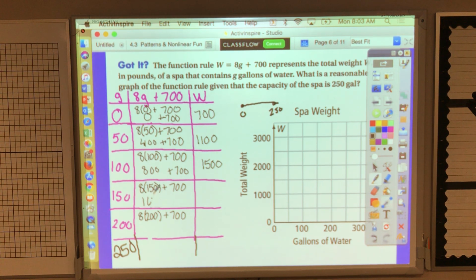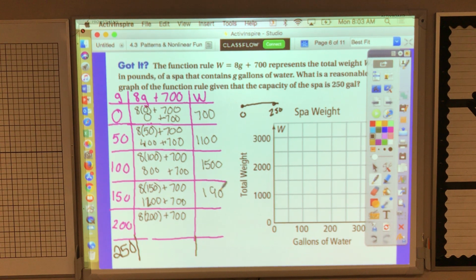8 times 150 is 1200, I got ahead of myself. 1200 plus 700 gives me 1900. And then we plug in 200. 8 times 200 is 1600, plus the 700 is 2300.